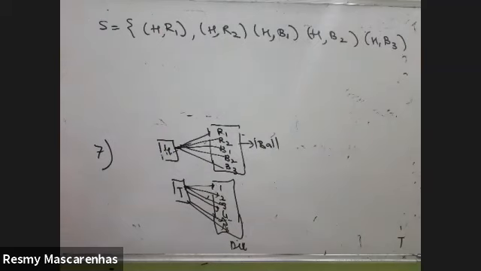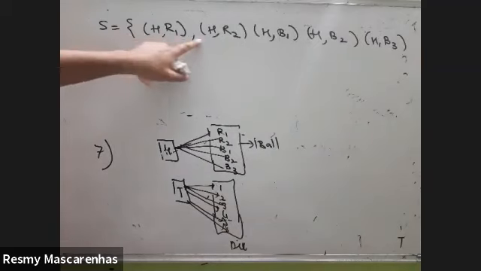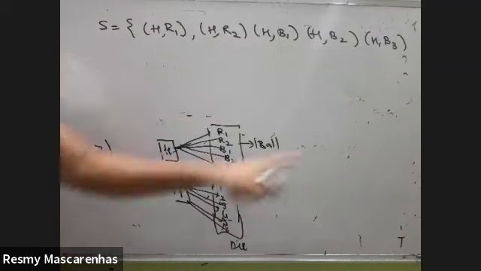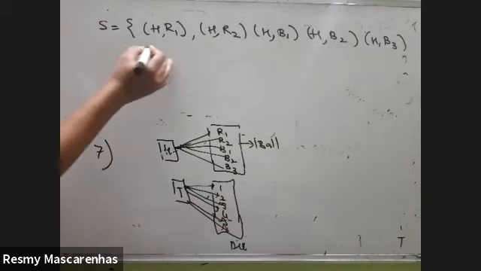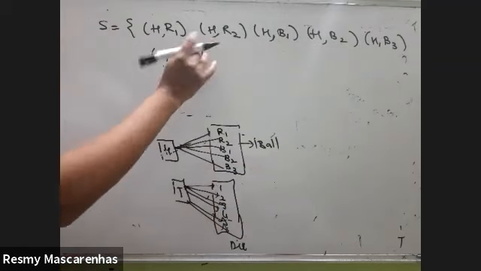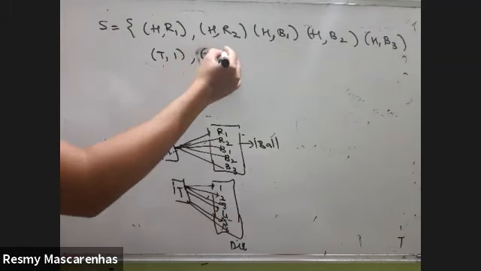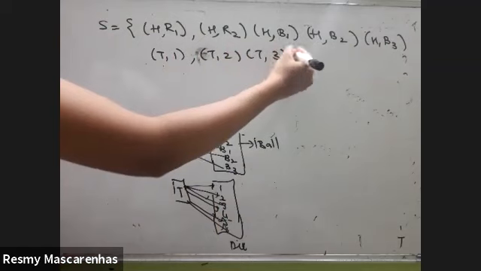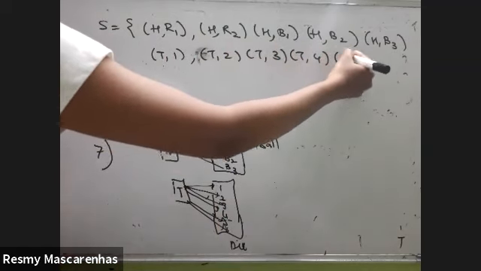Don't close the bracket here. This is only if this head had come up, this could have been your answer. But if tail comes, what will be the answer? Tail comma 1, tail comma 2, or tail and 3.